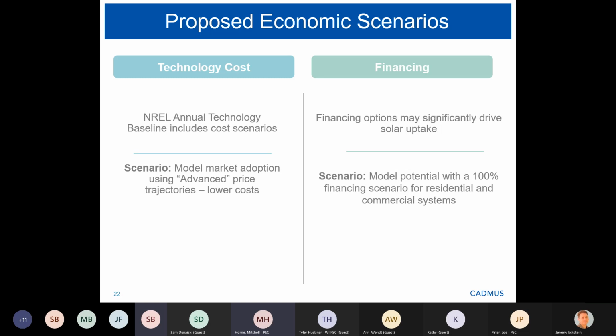Yeah, this is Scott Bladorn. Mitch, you and I and Jeremy spoke last week about some of this, and obviously we want to know what the effect of the incentives is. I think we can crank those up for the purpose of this analysis, like double it, triple it, quadruple it, and see what happens.